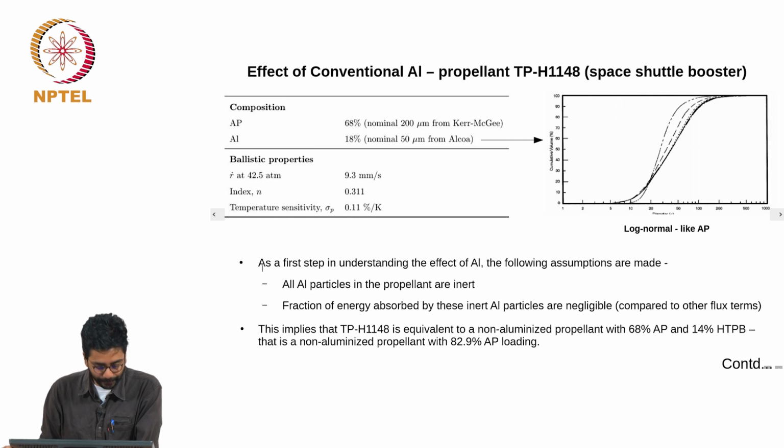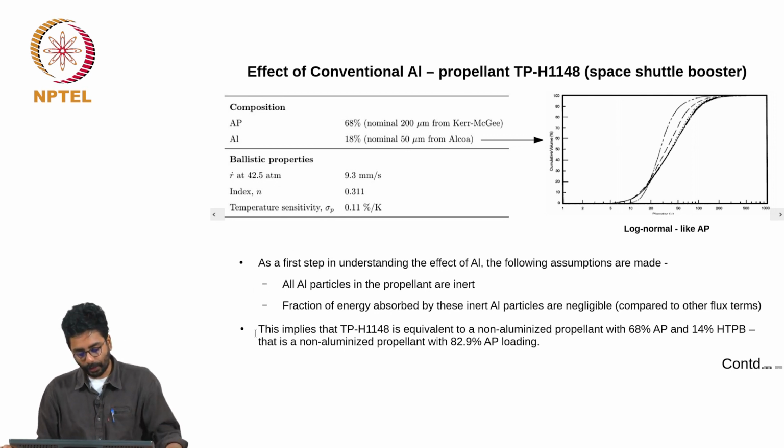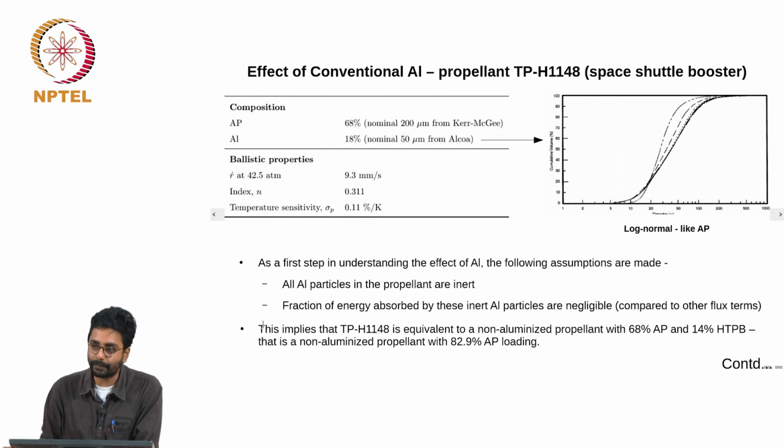As a first step in understanding the effect of aluminum, the following assumptions are made based on the conclusions we arrived at from the data shown in the previous slide: that all aluminum particles in the propellant are inert as far as conventional aluminum is concerned.